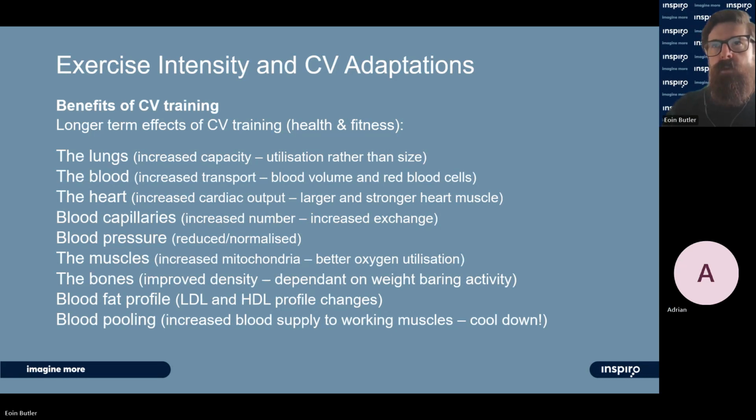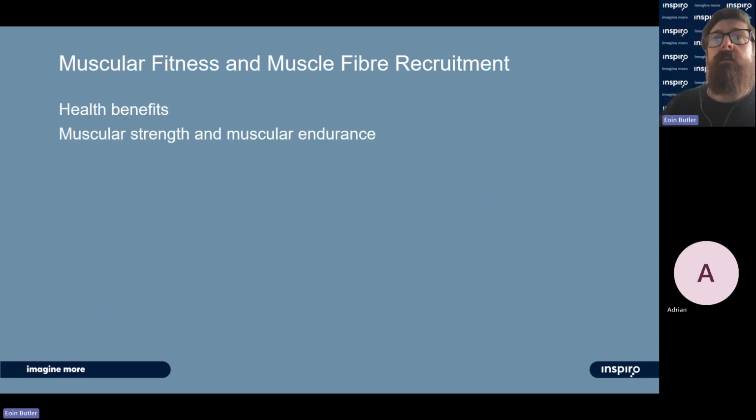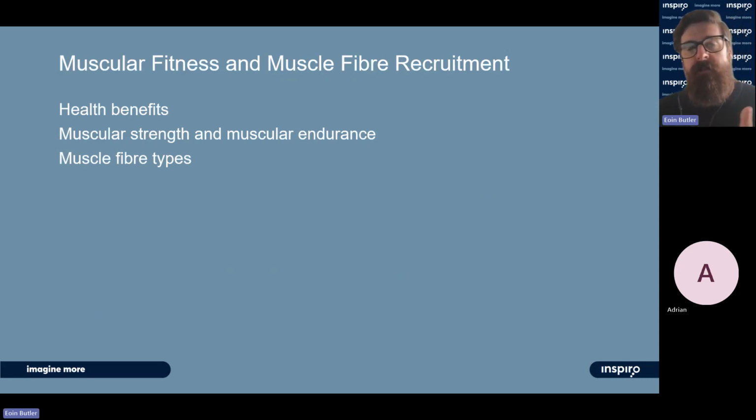No. Okay, so moving on then to muscular fitness and muscle fiber recruitment. We're looking a little bit more now at muscular strength and endurance training. The health benefits of doing resistance training is that muscular strength and muscular endurance will increase. We can look at increasing the muscle fiber sizes and improving the effects of training on the muscle fiber types.